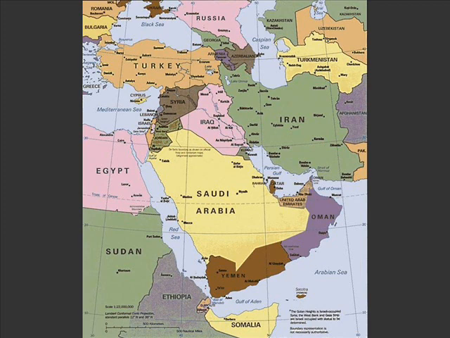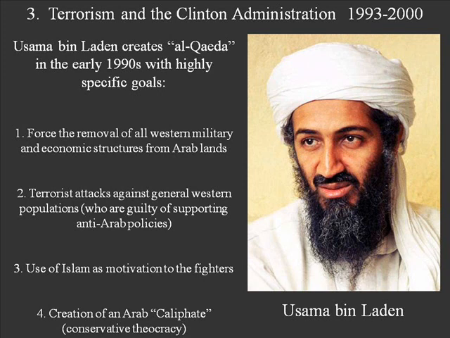So bin Laden, going into the mid-90s, creates what we now know as Al-Qaeda, which translates directly to "the base," which means the first step in what he views as a larger movement, larger than himself. He advertised this idea in several public statements in the mid-90s, which are on the library website for you to go in and read.